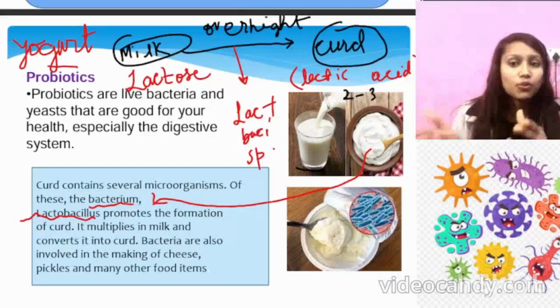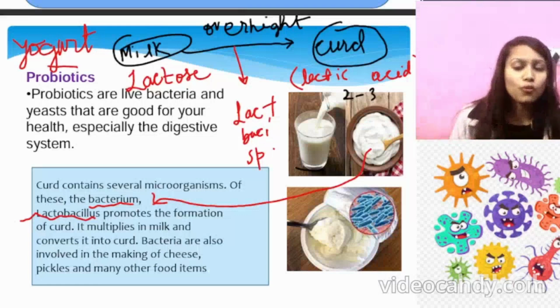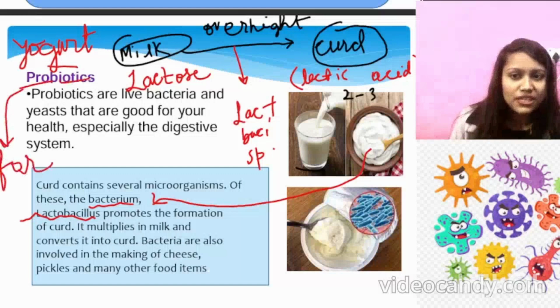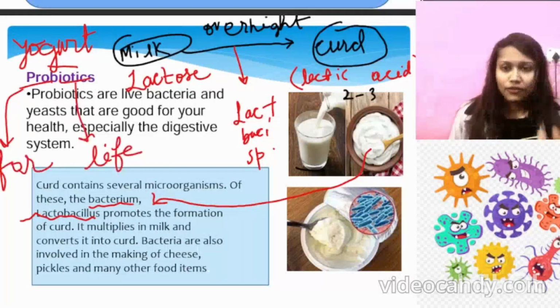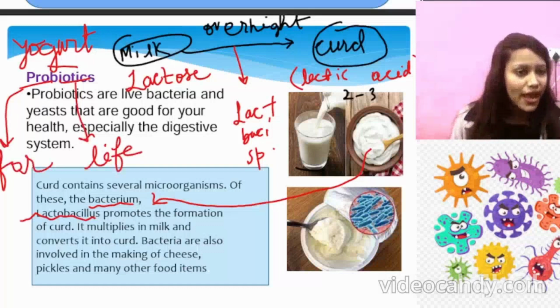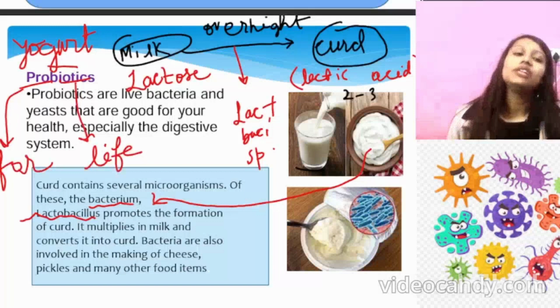As the name suggests, pro means for, and biotic means life. So they are for improving our life. When we take probiotics regularly in the appropriate amount, they help in improving our digestion.